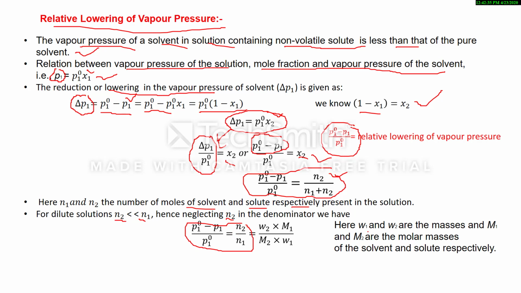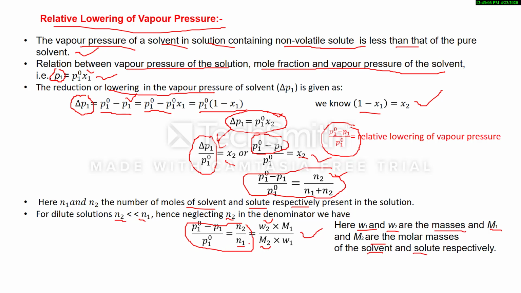If w1 and w2 are the masses and M1 and M2 are the molar masses of the solvent and solute respectively, then n2 is w2 divided by M2, and n1 is equal to w1 divided by M1. That's why we get the final relationship.